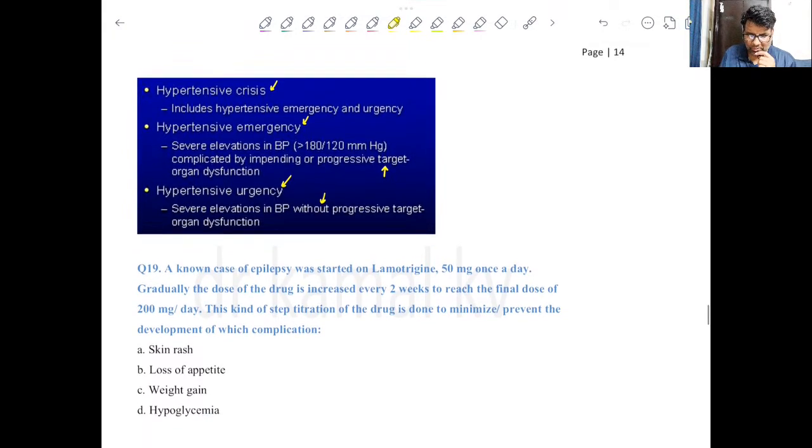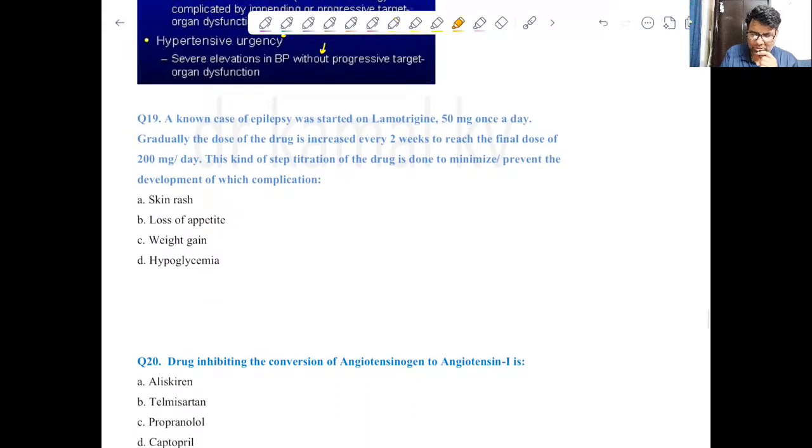Okay, so moving forward to next question. A case of epilepsy was started on Lamotrigine, right? So a case of epilepsy was started on Lamotrigine and the dose was 50 milligram once a day. And what we did, the dose of the drug is gradually increased every 2 weeks, and then we reach the final dose of 200 milligram per day.